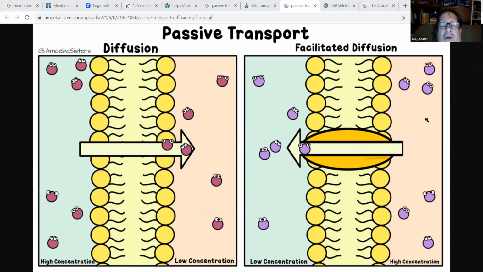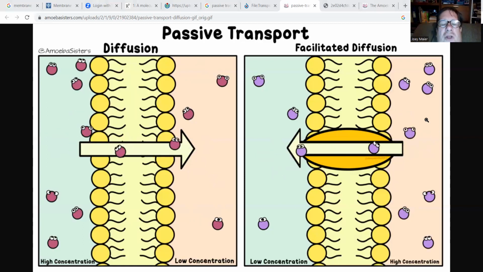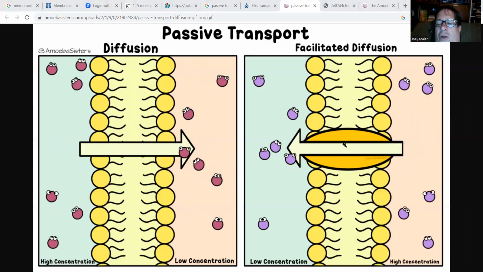Most passive we would call diffusion, where things go from a high concentration to a lower, go down the gradient. And then you could also have facilitated transport, or in the old days we called it facilitated diffusion, but it's things moving from high to low through a channel that helps them pass through.